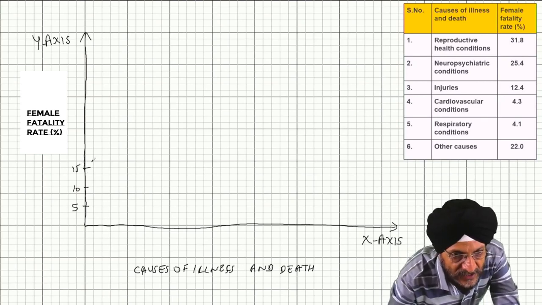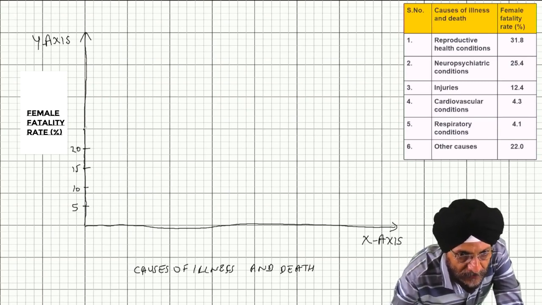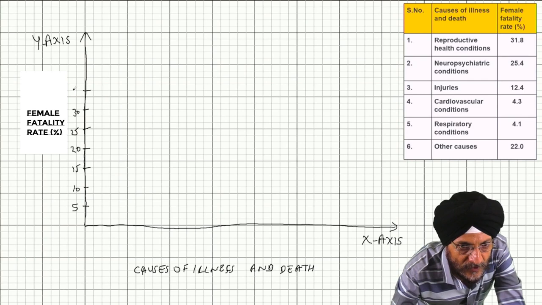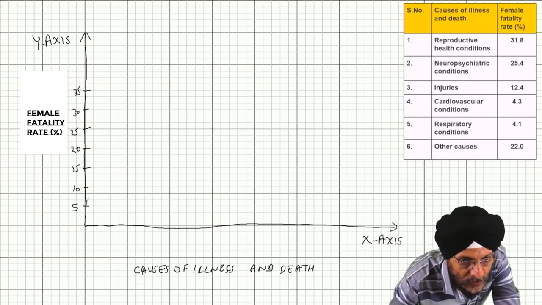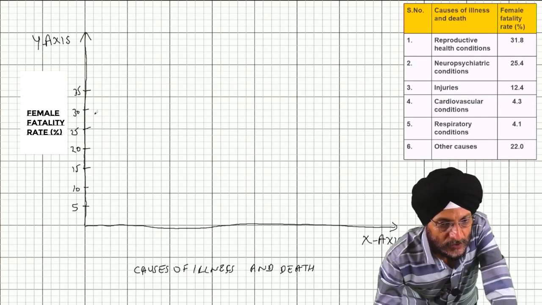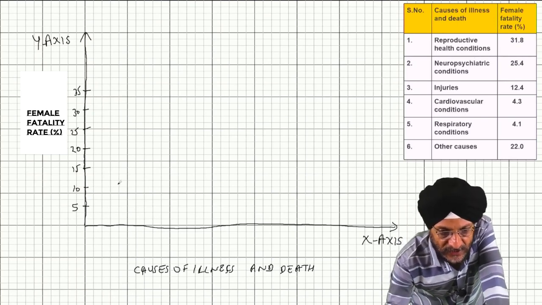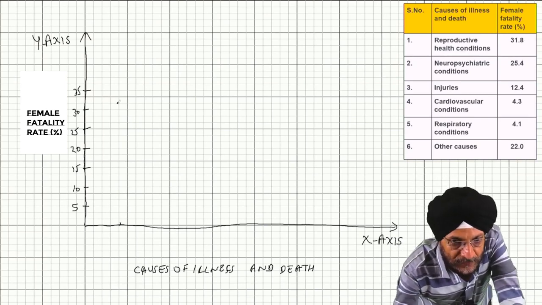After every 3 cells we are taking the interval of 5. So now what is the first? First is reproductive health conditions. We will take here reproductive health conditions up to 31.8.